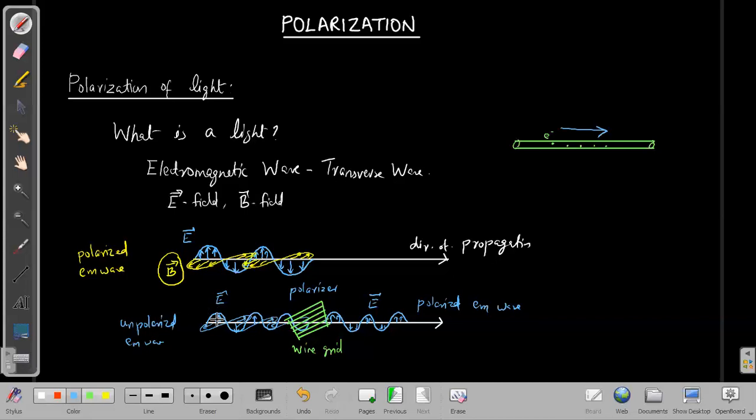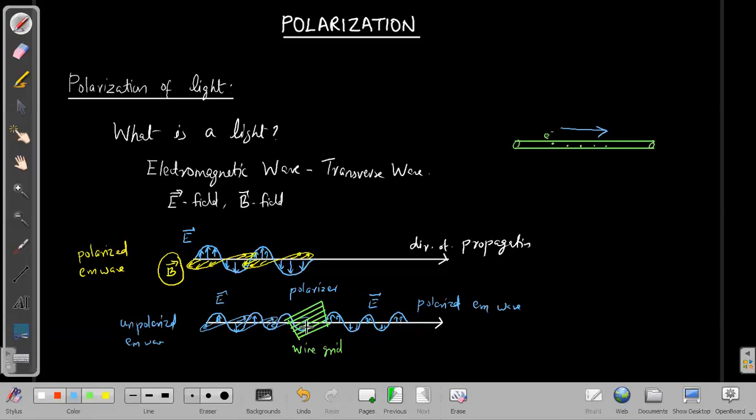So here the left side is an unpolarized electromagnetic wave because electric fields are randomly oscillating. It has vertical direction, horizontal direction, and so on. But after it passed through the wire grid, we have a polarized electromagnetic wave, and the wire grid is acting as a polarizer.